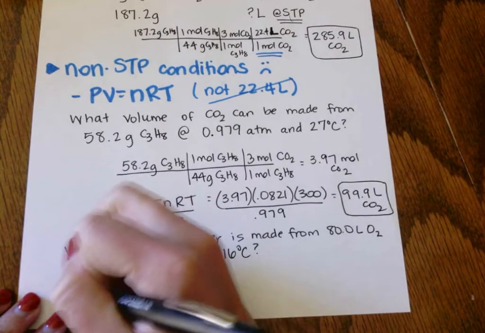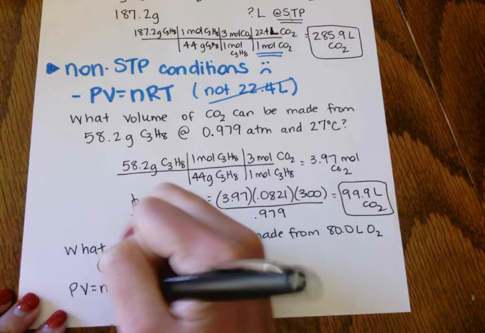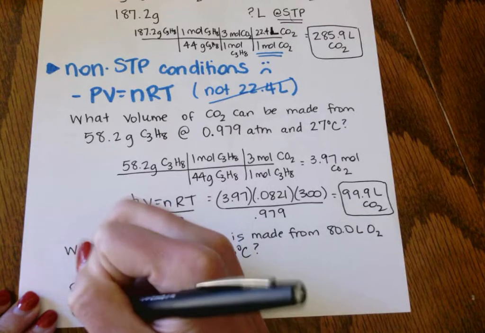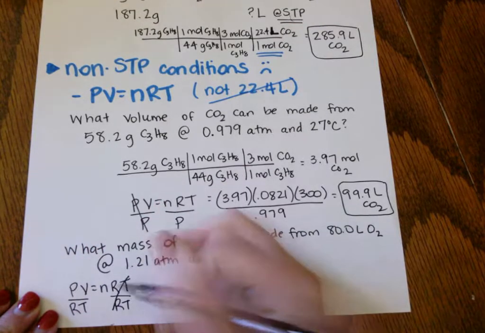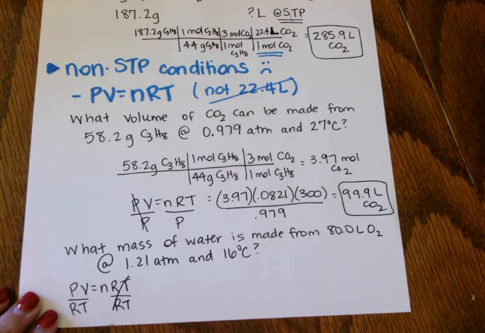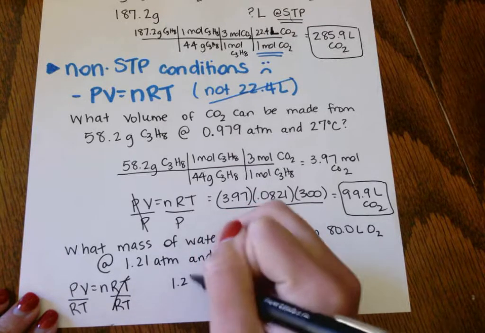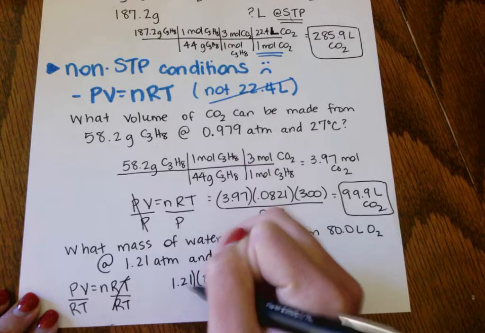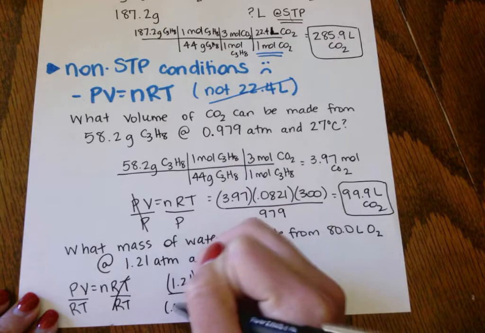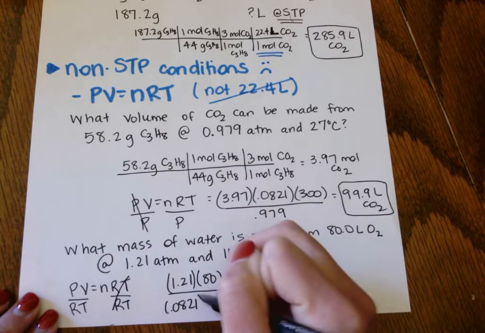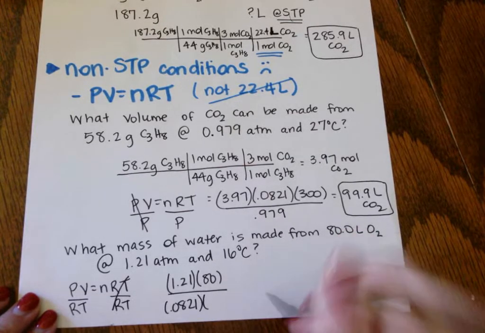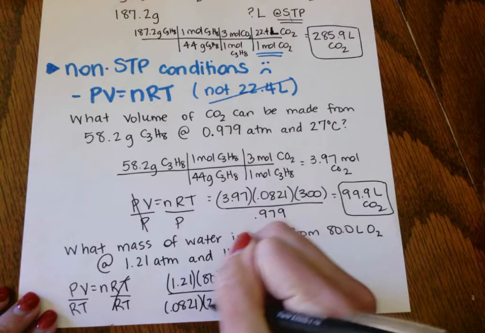So in this scenario, PV equals nRT. I'm going to divide by RT on both sides to solve for moles. So my pressure is 1.21. My volume is 80 liters. My R is 0.0821. And my T, 16 plus 273 is 289.